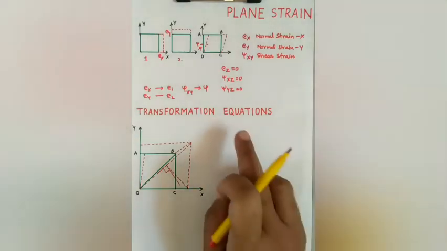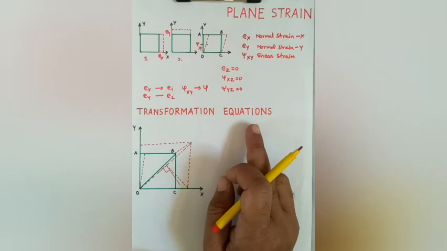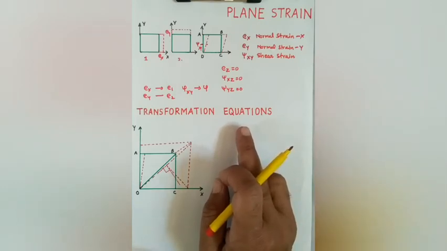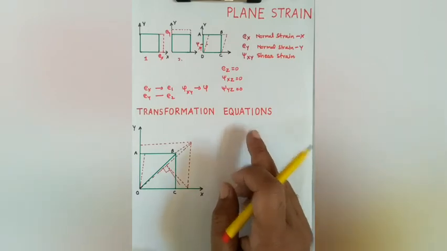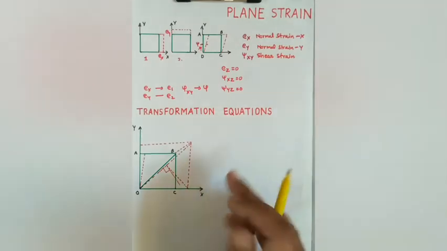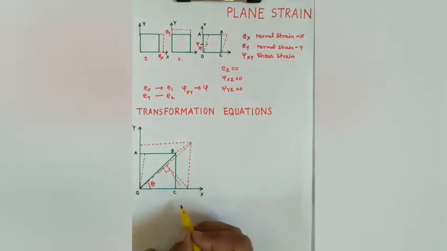Like the plane stress system, where we had transformation equations to find the stress at a plane inclined at theta degrees, we have transformation equations for plane strain also, to find the strain in a direction inclined at theta degrees from the direction of Ex, or the strain along the x-axis.